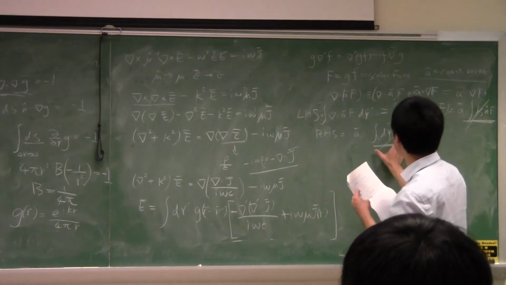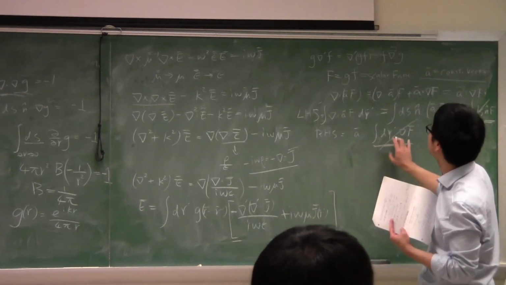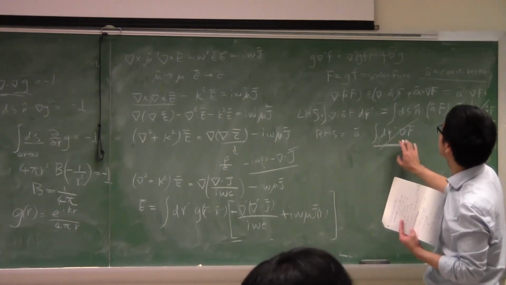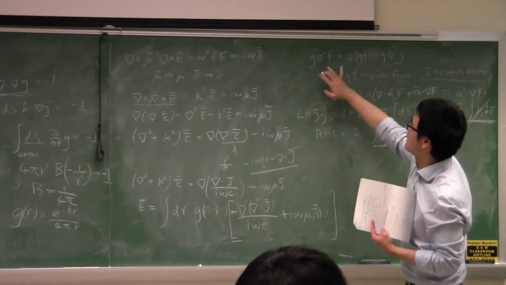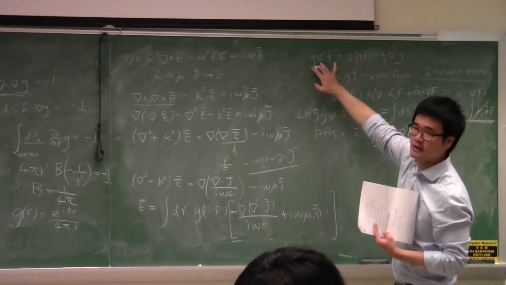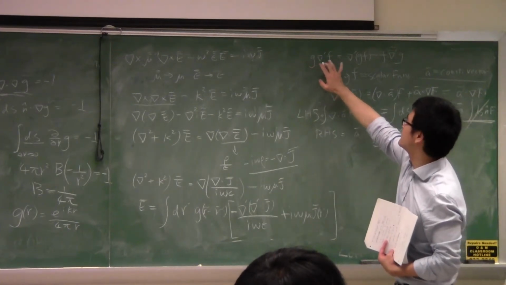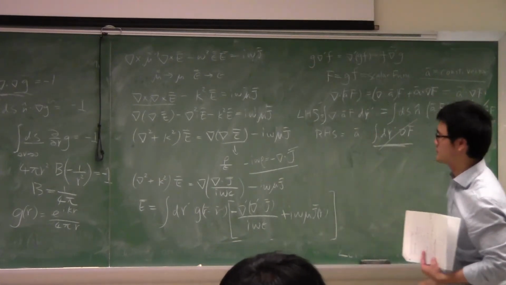So now I can prove this gradient goes away. So that means this term goes away, and then I can just simply move this derivative from f to g.